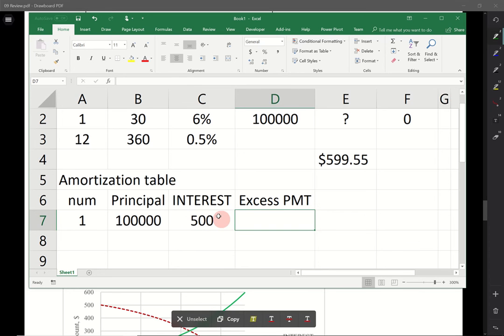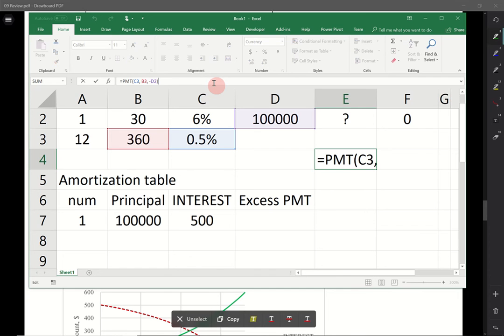So on $100,000, right, 1% of 100,000 is 1,000, right? And so 0.5% would be half of 1,000, so it's 500. So you only owe $500 in interest, but yet you pay this PMT amount that we calculated using the PMT function. What's the annuity payment, right?